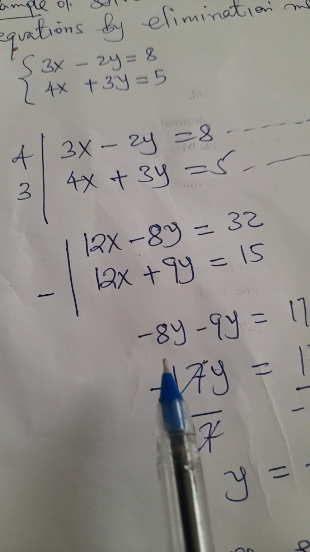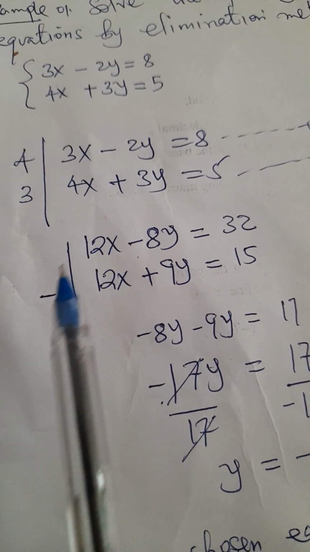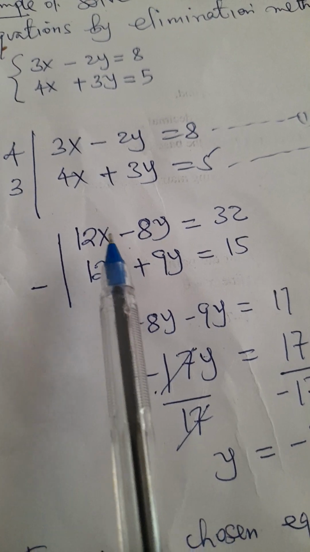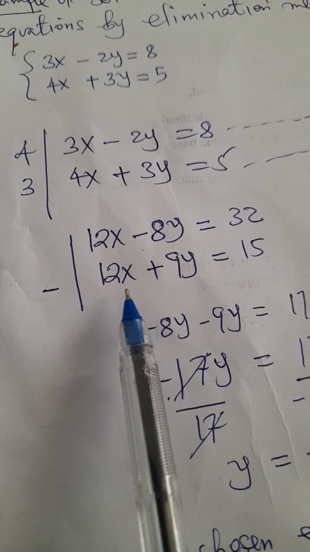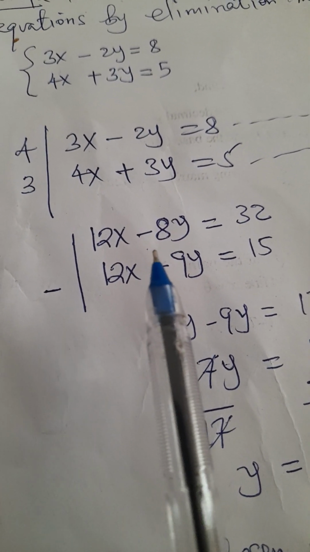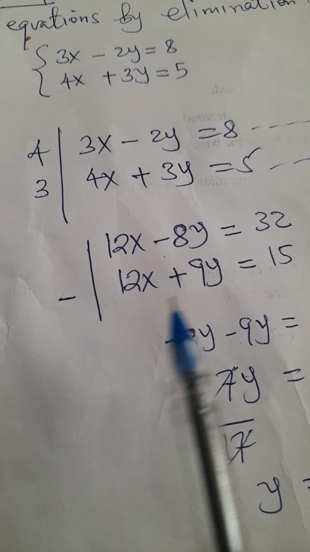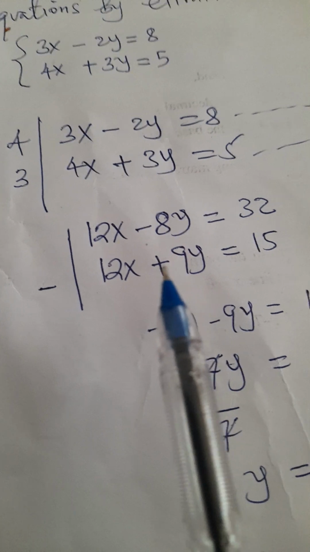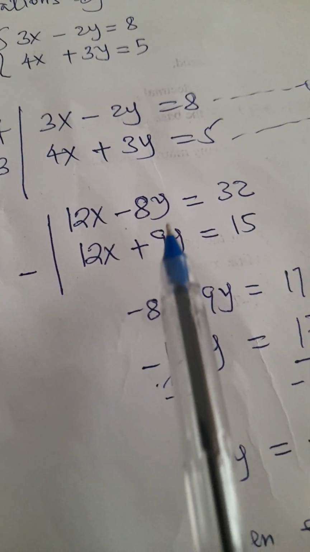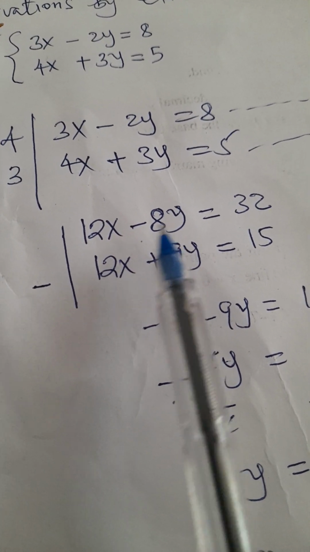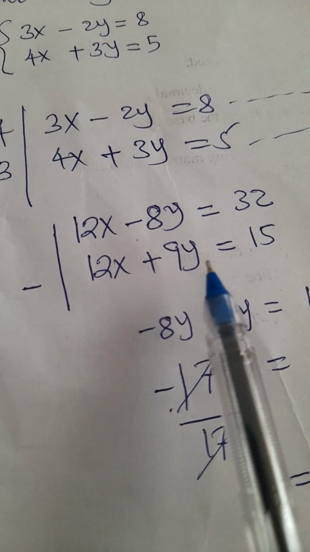Now, okay, let's see. If we put minus here, this will be 12x minus 12x. That is the point where elimination comes from. 12x and 12x are eliminated, that means vanished. All right. Now we have minus 8y and minus 9y.